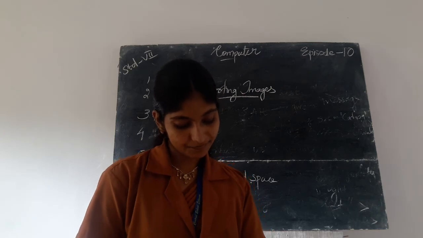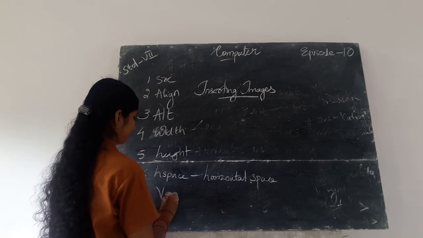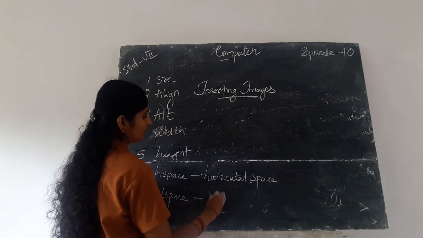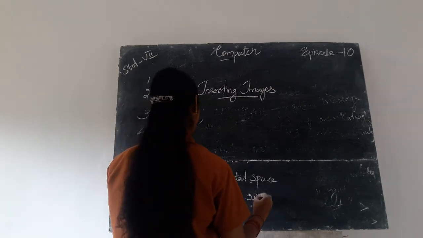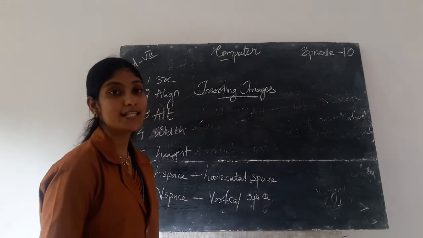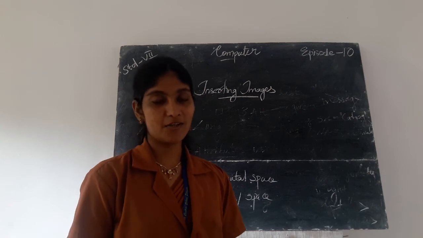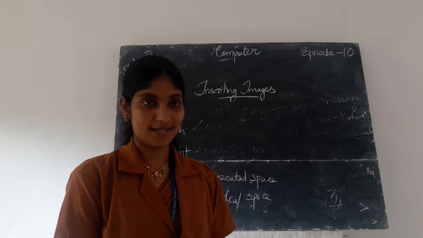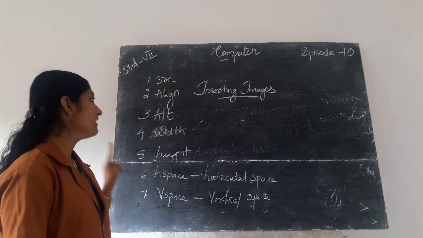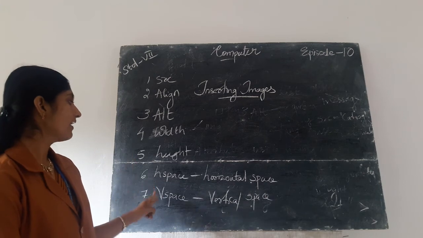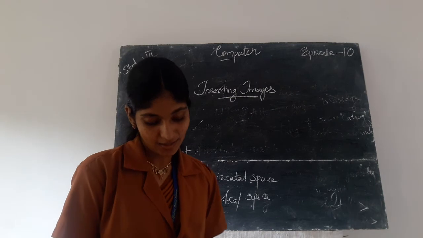Then next is vspace. Vspace means vertical space. So that means you can adjust the vertical space between the text and the image. That is the attributes: first, src, align, alt, width, height, then hspace and vspace.